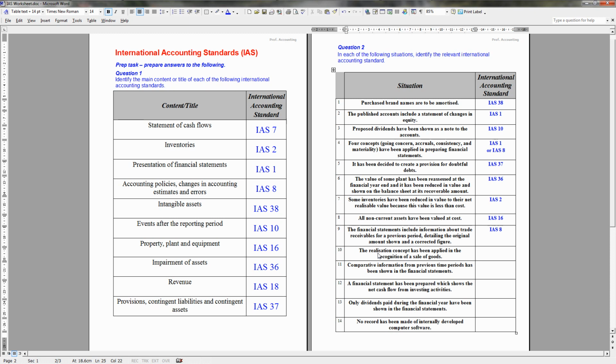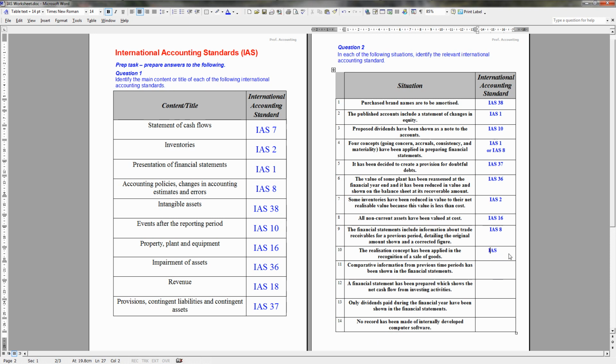So in that case, we can recognize what? We can recognize the income, recognize the revenue. So if it's recognition of revenue because of sale, then the only one that's got revenue in the title is IAS 18, which is there. So IAS 18. Very nice example. You've got to know the realization concept quite well before you can ever consider IAS 18.